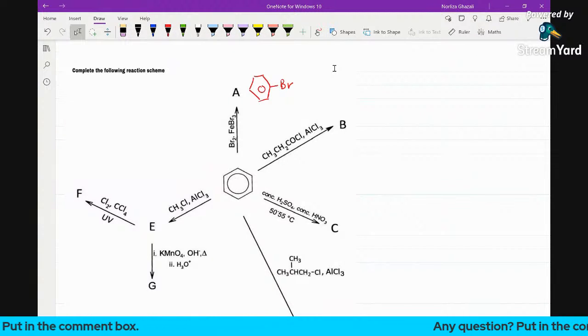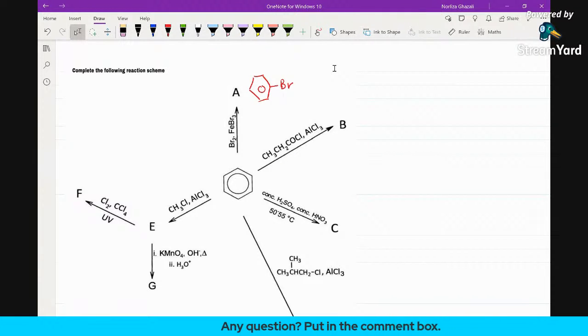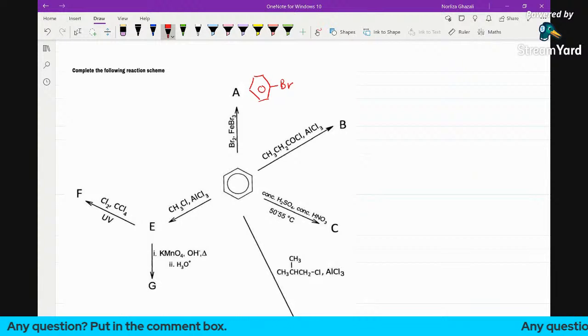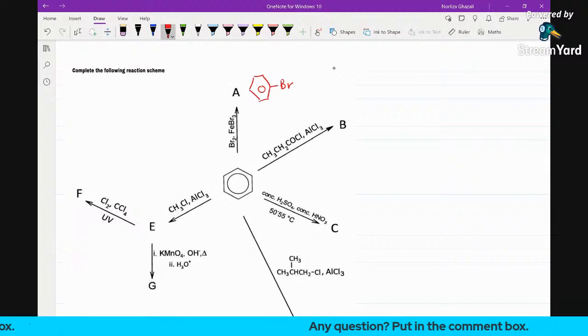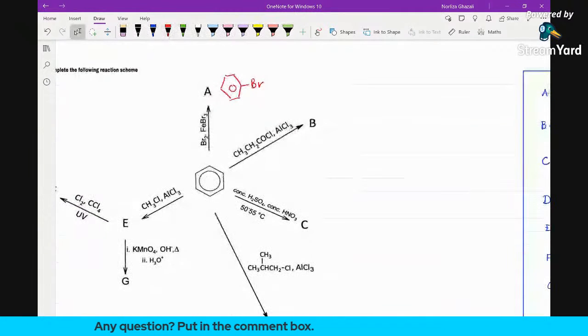Okay, those who know can go ahead and do it. Alright, and then benzene with CH3CH2C double bond OCl, AlCl3. This one is Friedel-Crafts acylation.